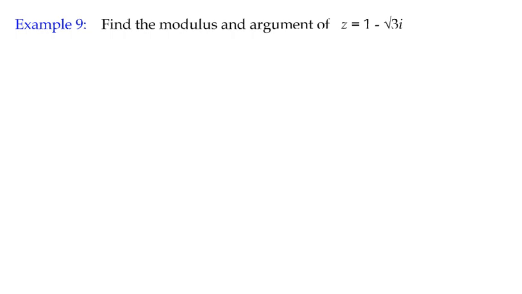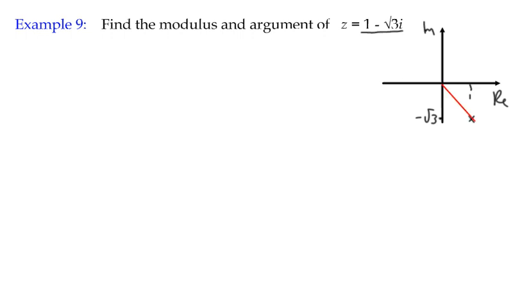So it's always good to draw a sketch, first of all, of your complex number on a Cartesian Argand diagram. So we've got our two axes, real and imaginary. We're told that the number is 1 minus root 3i, so that's positive 1 on the real axis and negative root 3, which is slightly bigger than 1, on the imaginary axis, which means that our complex number is going to be somewhere down here.